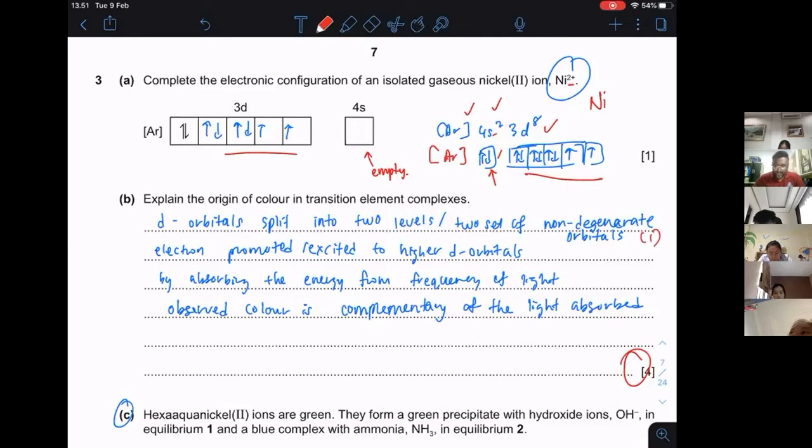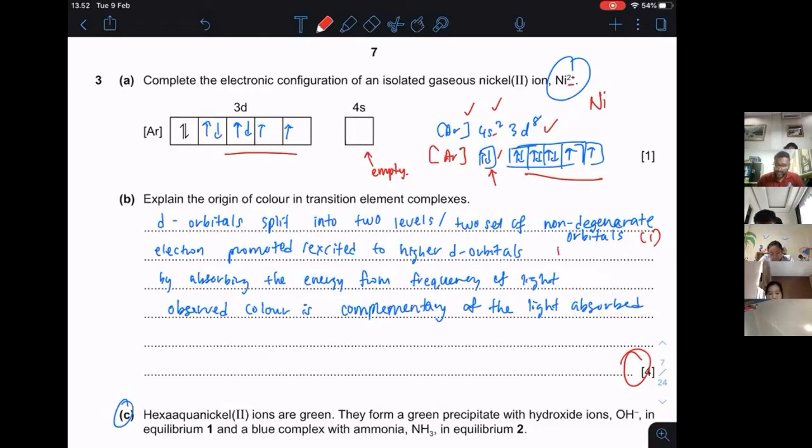The next one: when there is light, it comes with energy. So that energy from the visible light will be absorbed by the electron from the lower non-degenerate orbitals. The electron will be excited, or promoted, to higher d orbitals or a higher energy level.